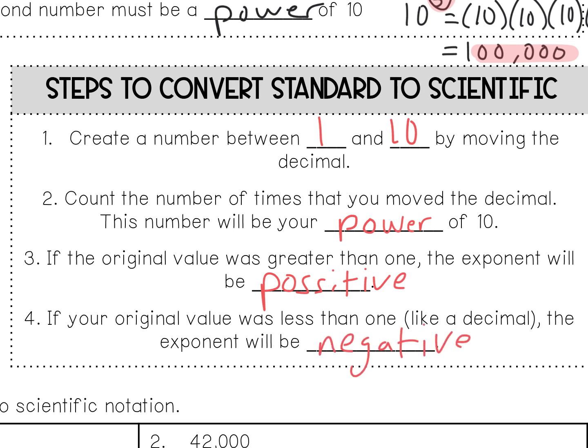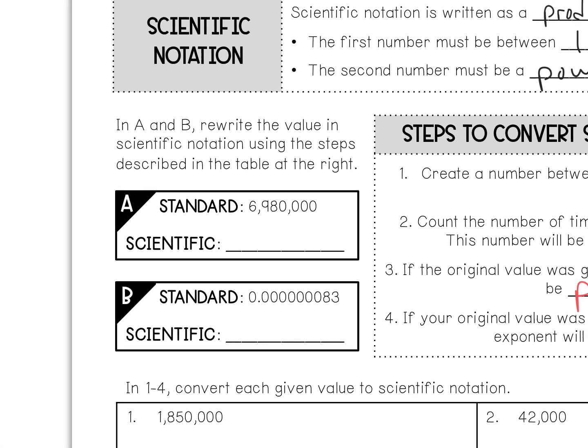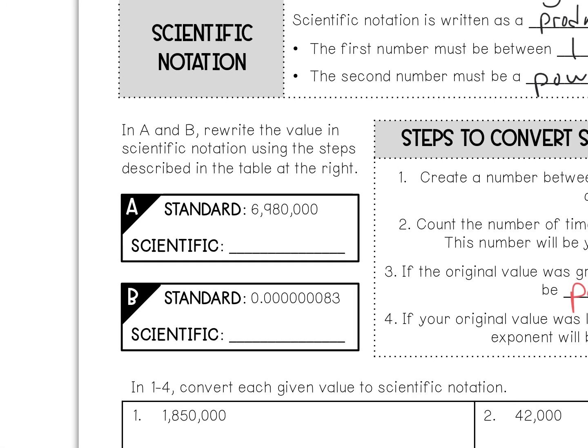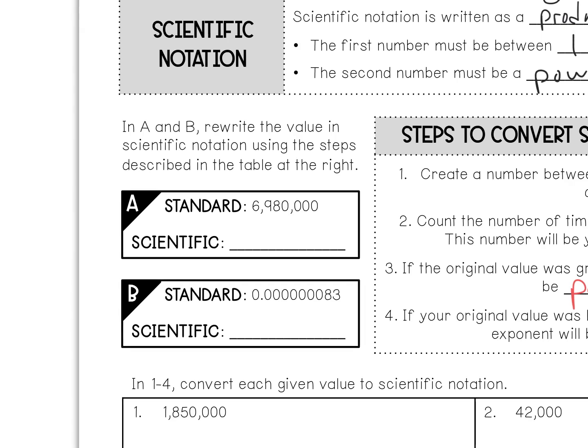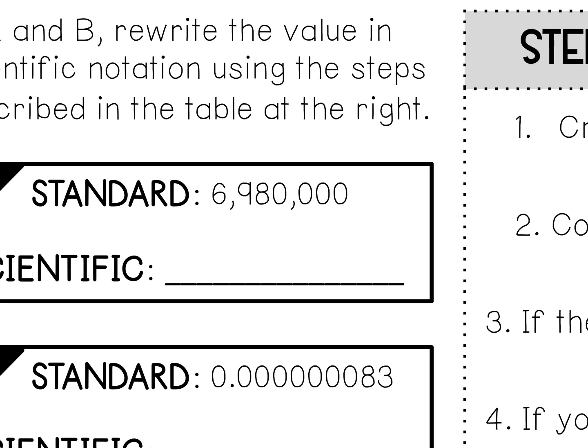Okay, and so let's look at 2 examples over here, and I'll show you what I mean. First thing I'm going to do is make this number a number between 1 and 10. So I'm going to move the decimal until that happens. Is it between 1 and 10 now? No. Now? No. Now?